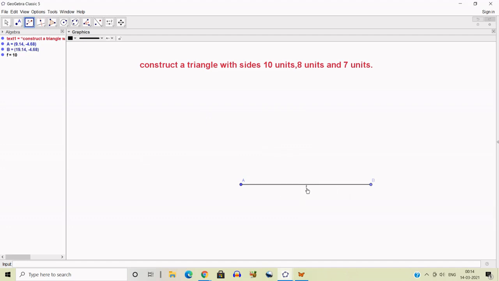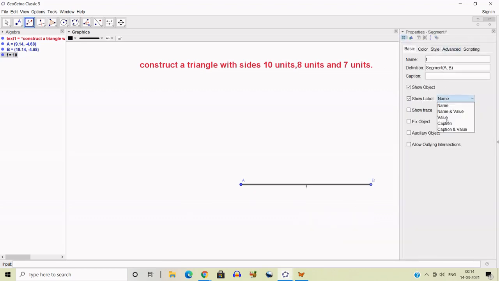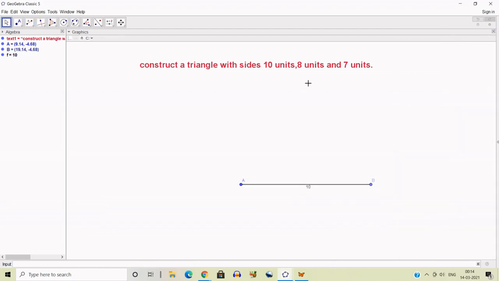Now, we can replace this with the value, that is 10 units. Okay, now we want line BC 7 units and AC 8 units.